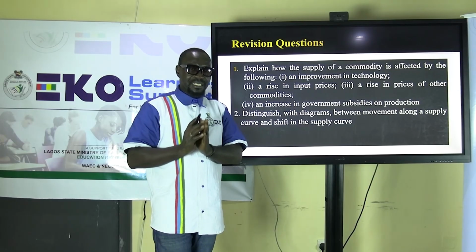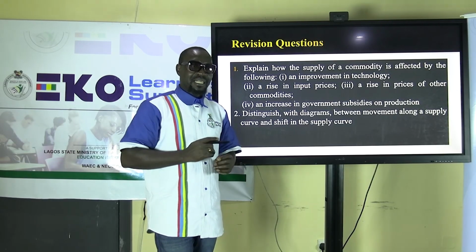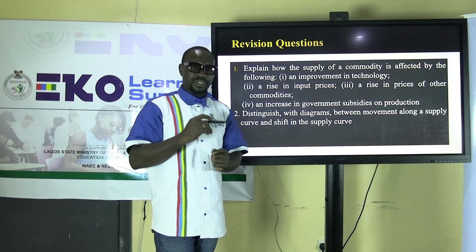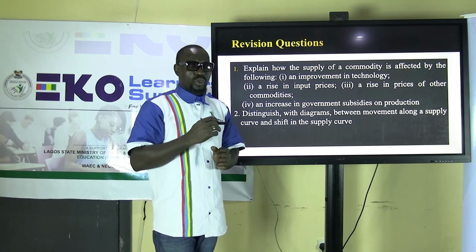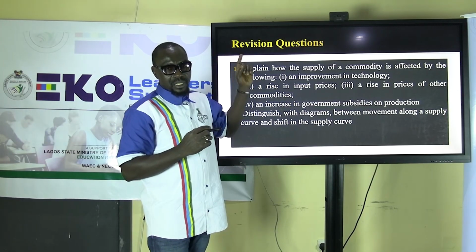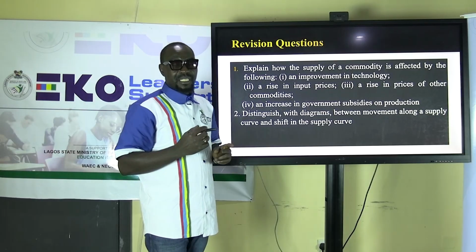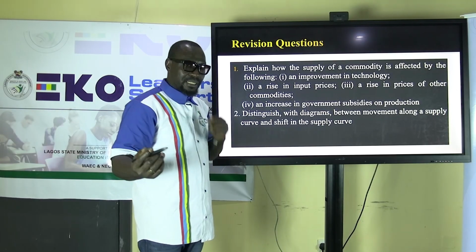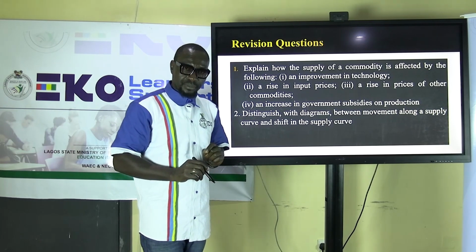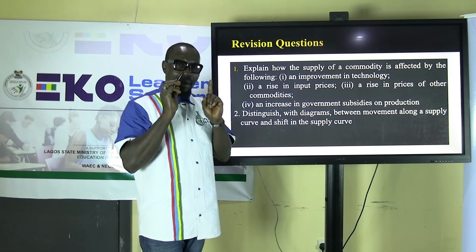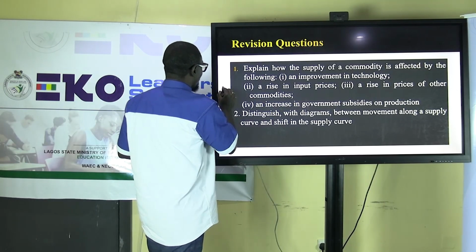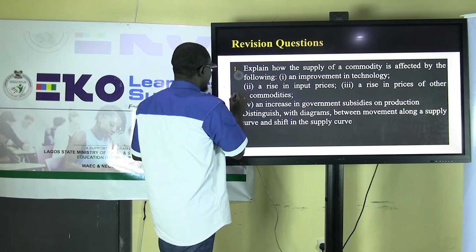And the movement is necessitated by an increase or reduction in the price of the commodity. So the price can either rise or decrease, leading to either an increase or a reduction in the quantity supplied. But we are talking about one supply curve. So the diagram is simply this.